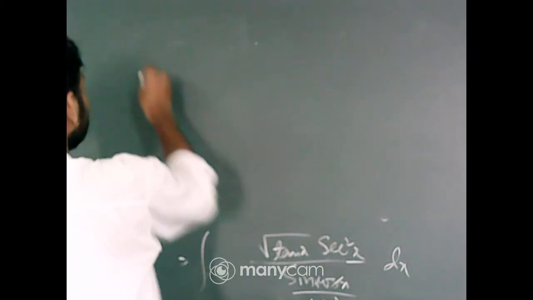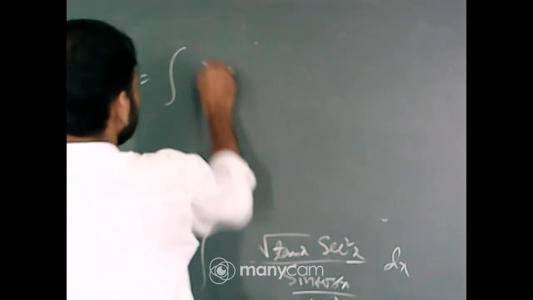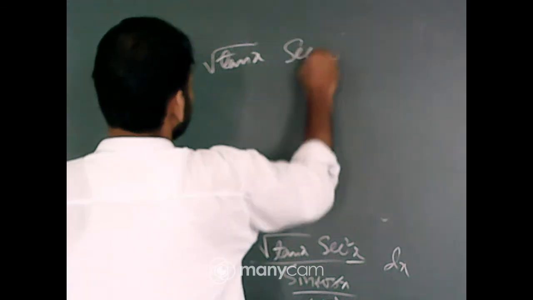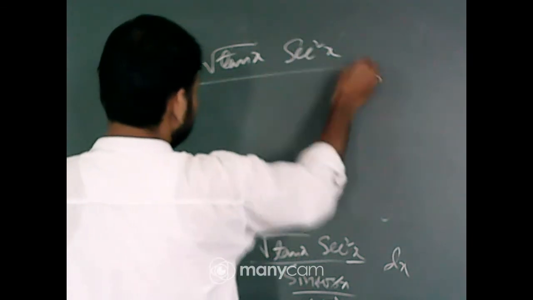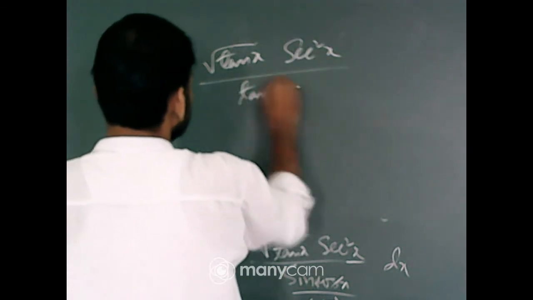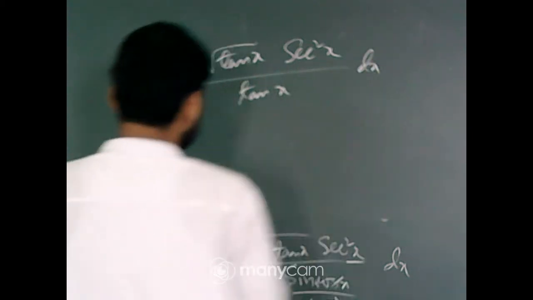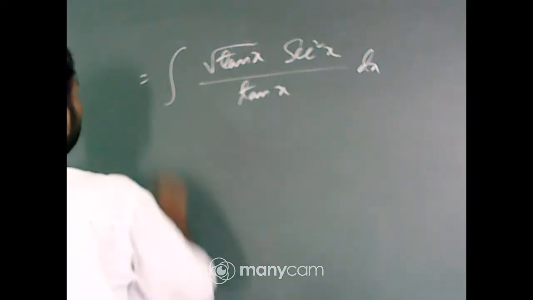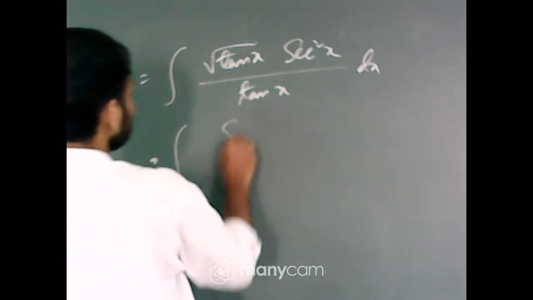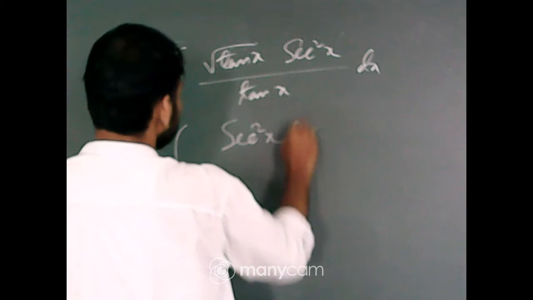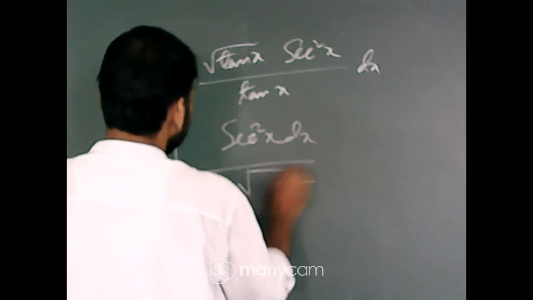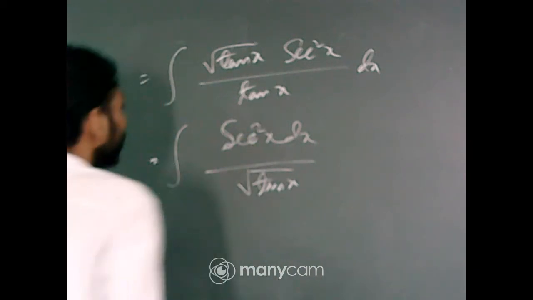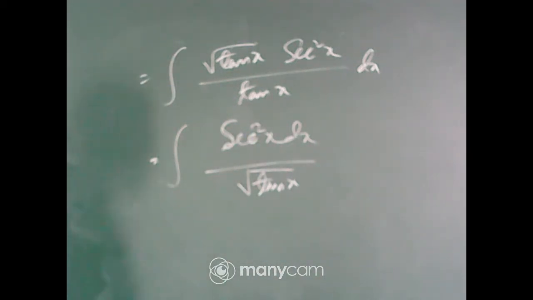So it will be the integration of root over tan x sec square x by tan x dx. Now it will be converted into sec square x dx by root over tan x.